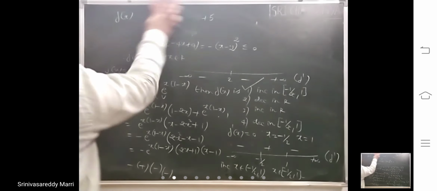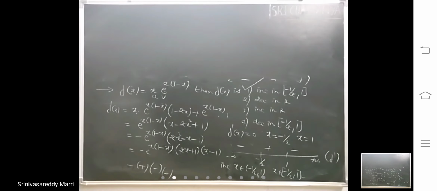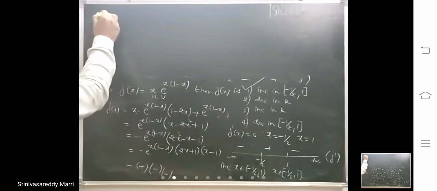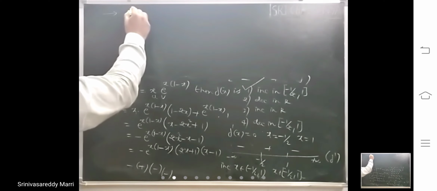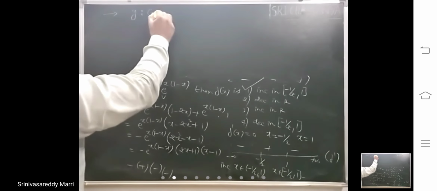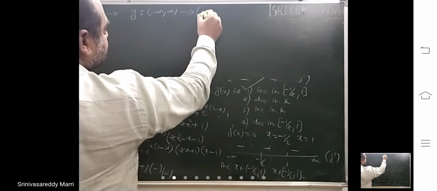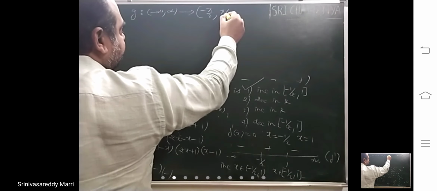Look at the next problem. Given a function g, g maps minus infinity to infinity to minus pi by 2 comma pi by 2.